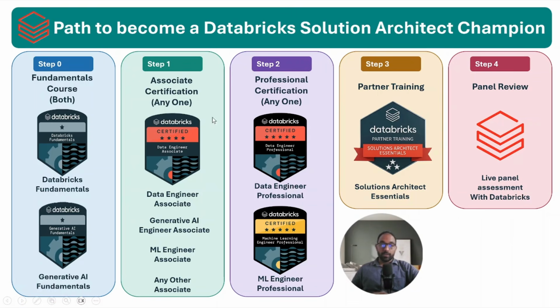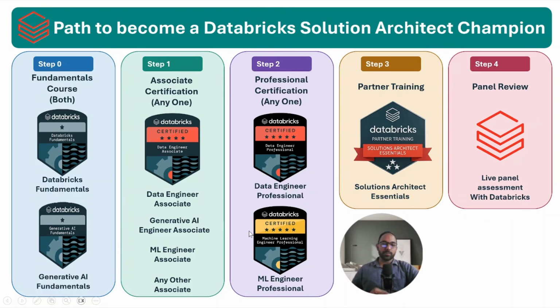To plan for this panel review, we must have both of these fundamentals: the associate certification and one professional certification, and this training. These certifications also have to be currently active. If one has expired, you will need to give the exam again.